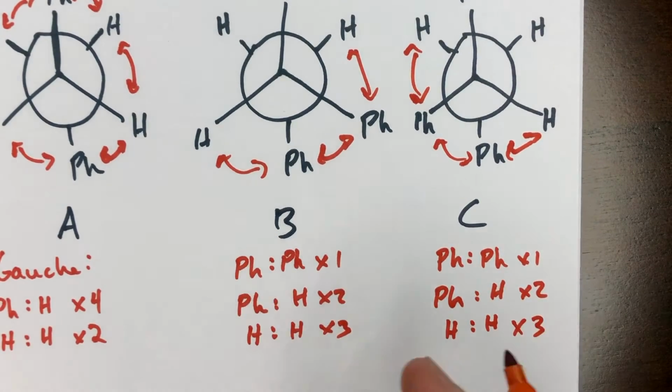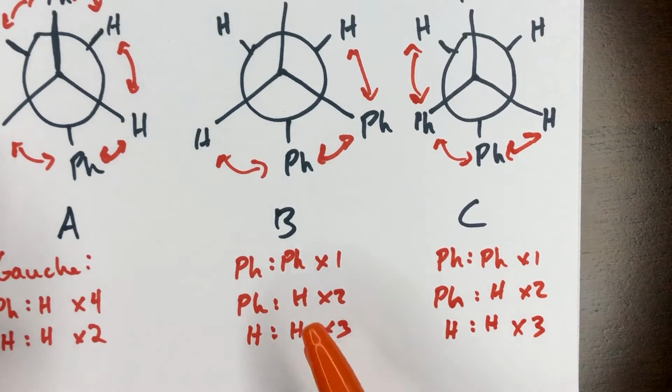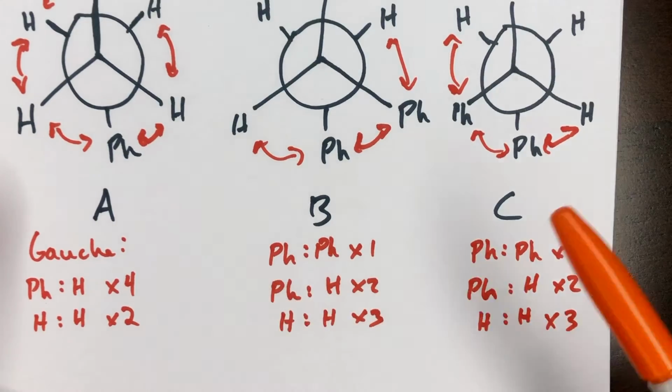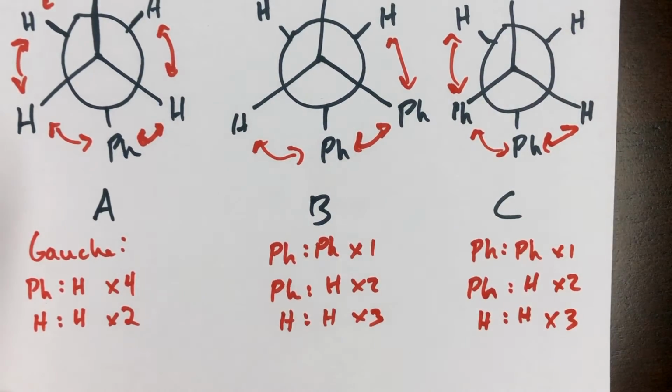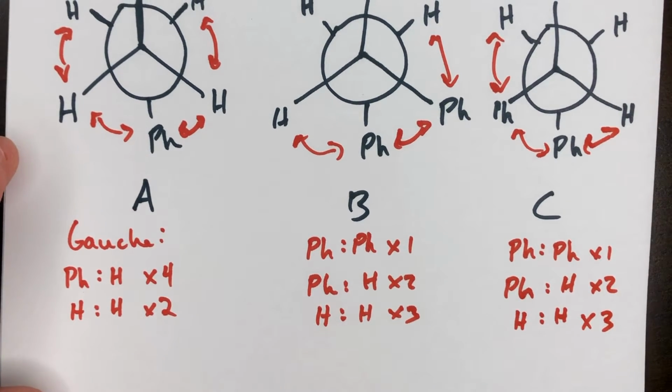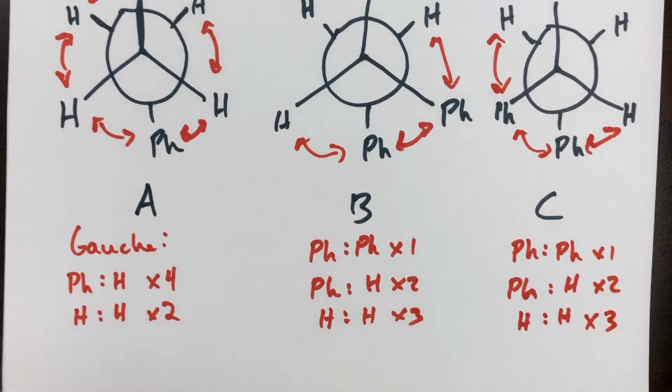So if we notice, B and C should have the exact same energy because they have the exact same type of gauche interactions. We have a phenyl-phenyl interaction, and then 2 phenyl-hydrogen interactions, and then just hydrogens. So those should be the exact same energy.